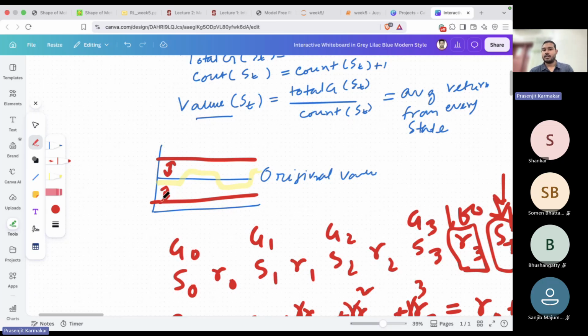Because we are updating from its own estimate, this bootstrapping, the temporal difference estimate is a biased estimate of return. That's why the value function is also biased, and it's a consistent bias. So for policy one and policy two, you get the same bias, and you can still compare policy one, policy two, policy three, all of them.